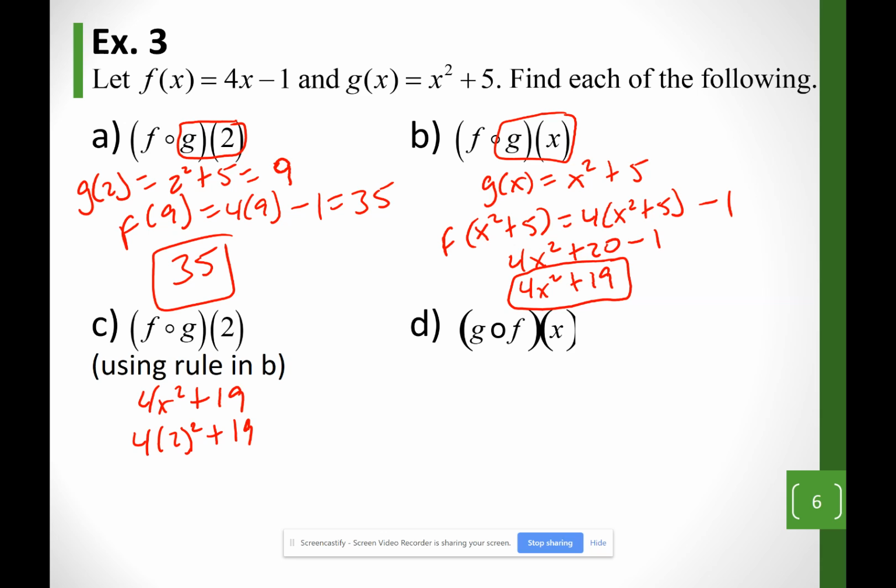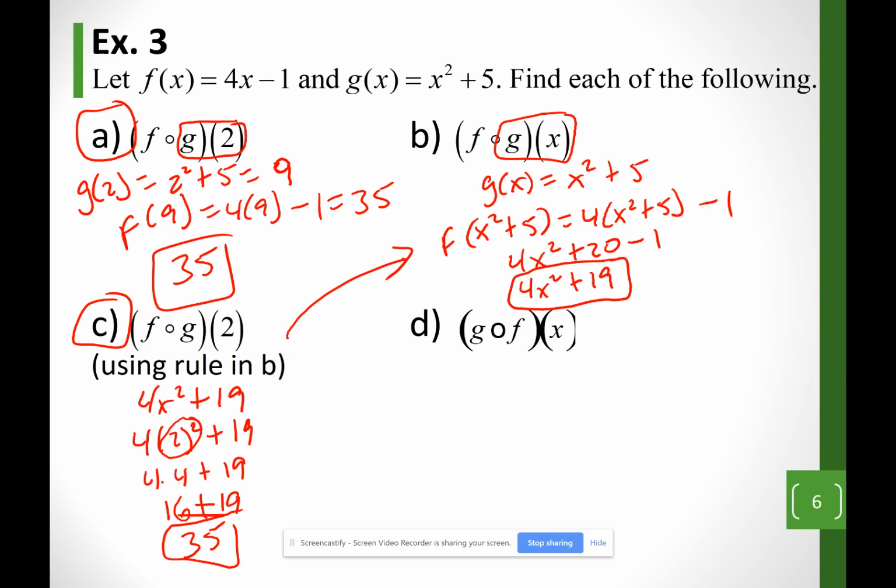I know I have to do exponents before I multiply. So I have 4 times 4 plus 19, which is 16 plus 19 or 35. Notice that on A, we did f of g of 2 by working g of 2 first. On C, we did the same question, but we're using the formula from B.